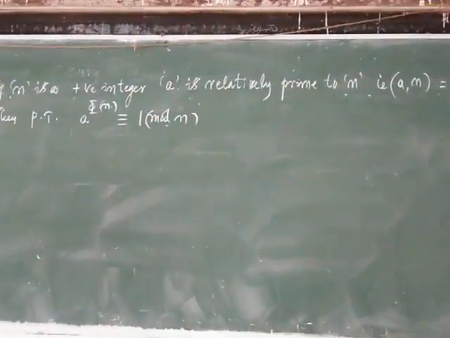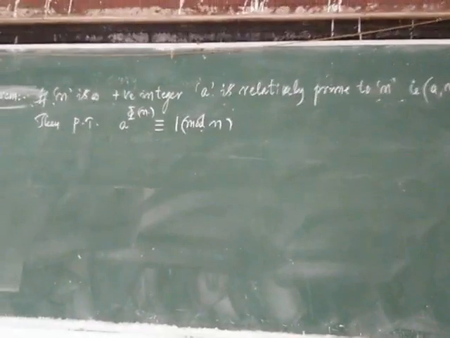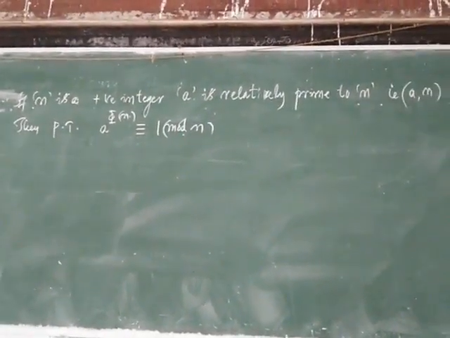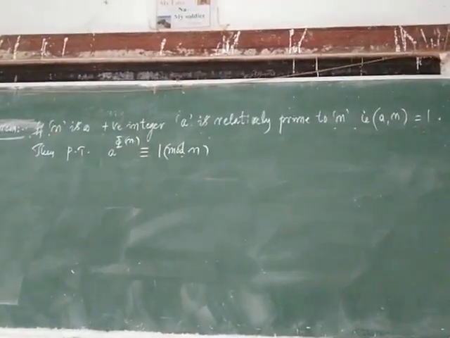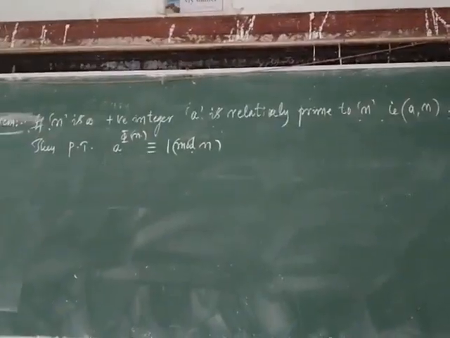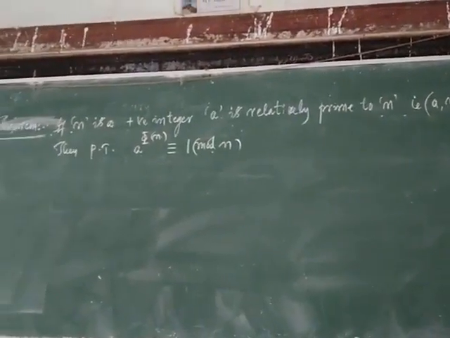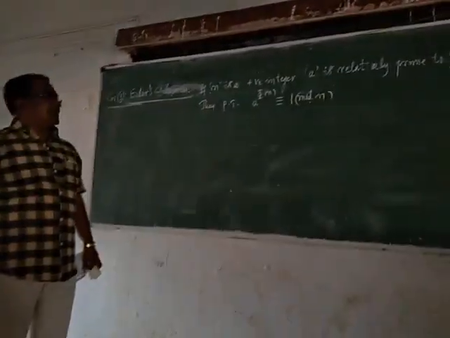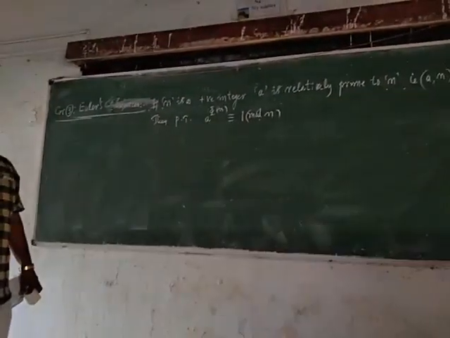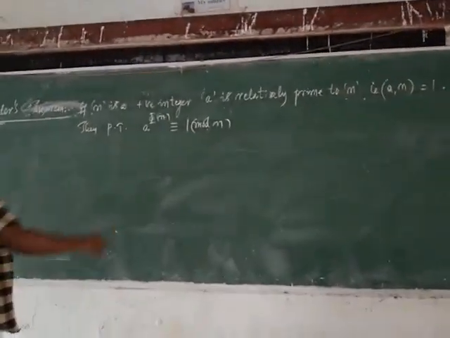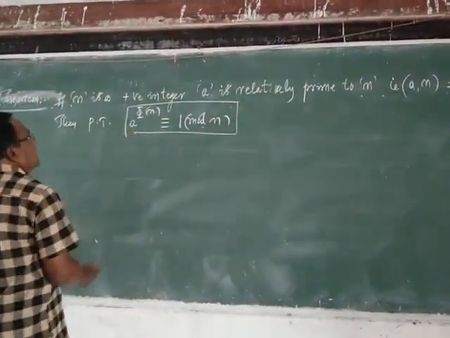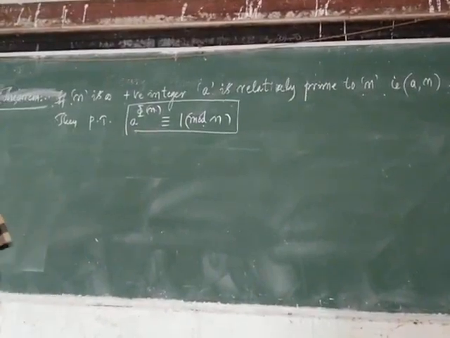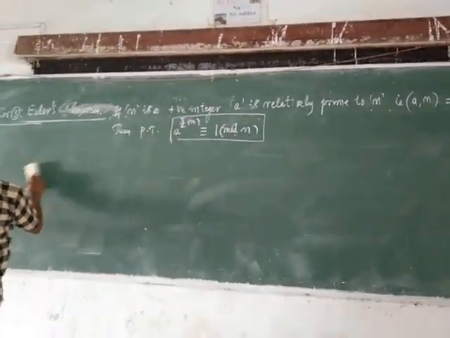What is the statement? If n is a positive integer and a is relatively prime to n, that is, GCD of a, n is equal to 1, then I want to prove this result: a to the power phi n is congruent to 1 mod n.